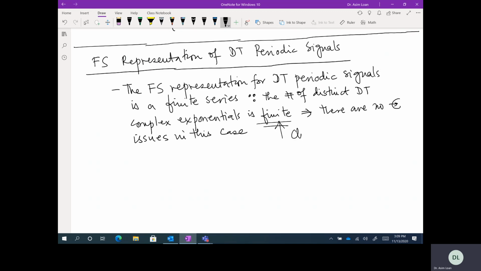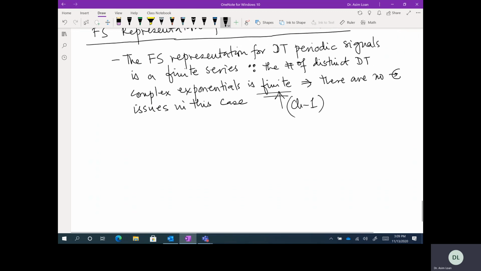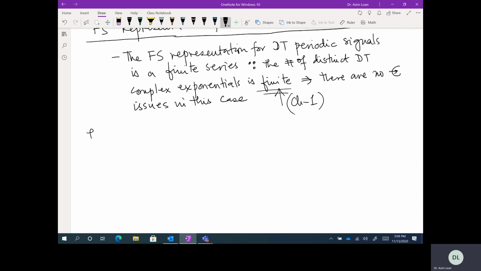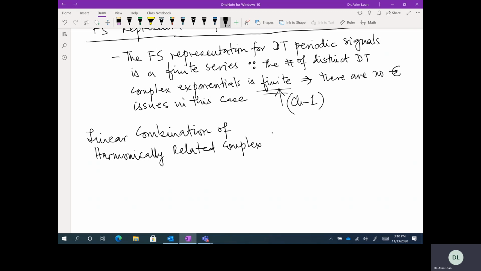This is chapter 1. So go visit chapter 1 if you have forgotten this thing. So what is the linear combination? So let's look at the linear combination. I'm not going to derive the result, but just to show you: a linear combination of harmonically related complex exponentials.